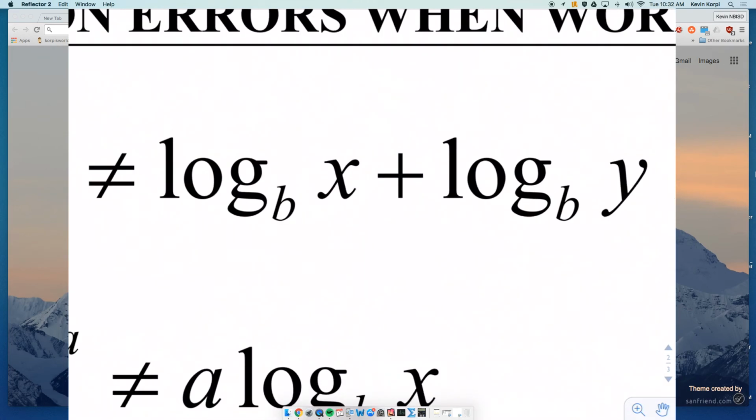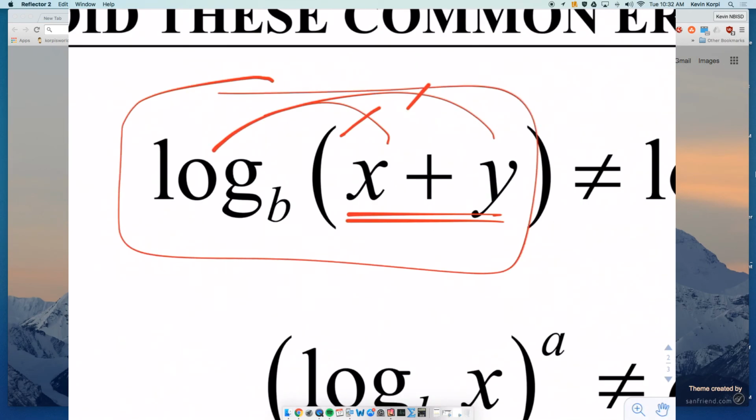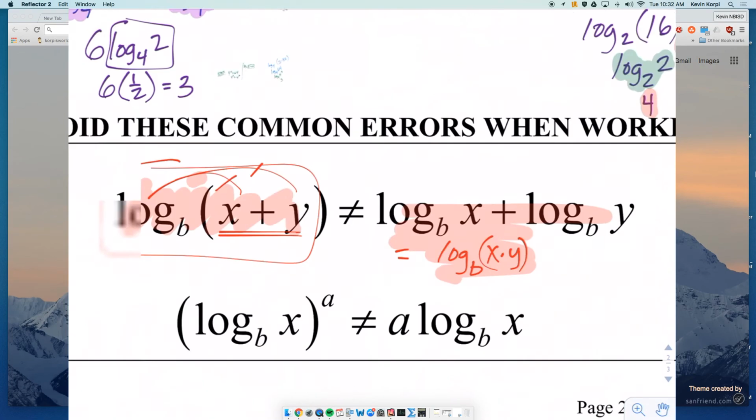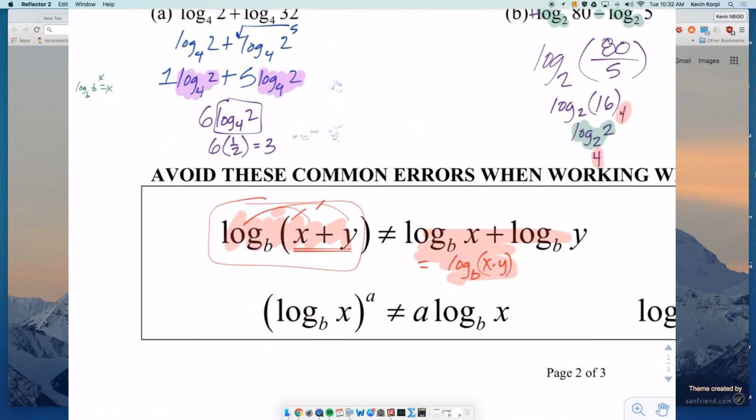Unless you use the change of base formula just to change the bases, this is your final answer. You're done. That's because this over here does equal something, but it's not what's on the left. This one would equal natural log of b, or log base b of the product xy. So you cannot distribute a log into its own argument.